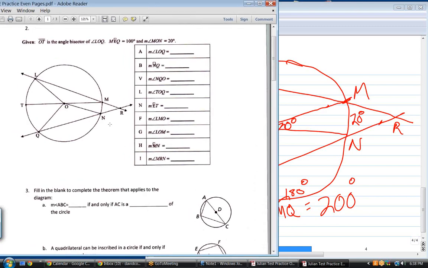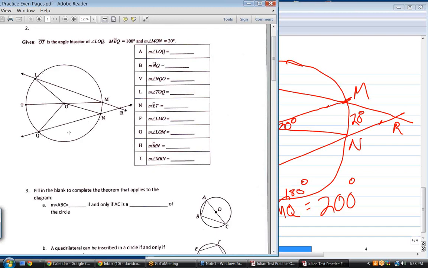Yeah, I agree. I'll look a little bit more at it before our Wednesday session and see if I can figure out what the heck's going on, because this part right here is the typo. There's no way that MLQ can be 100 because that would make QM 200.